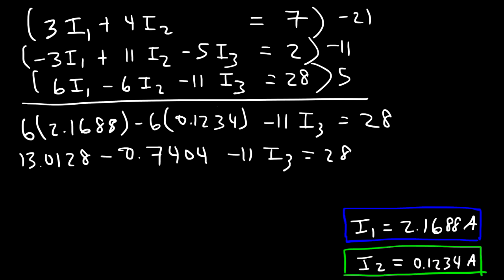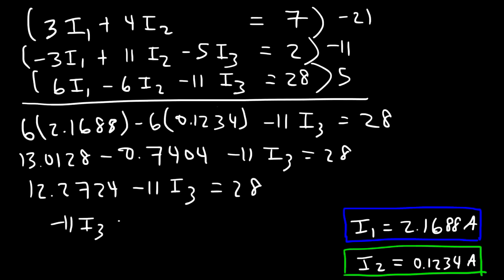Now let's combine those two numbers. So 13.0128 minus 0.7404. That's 12.2724. So we need to subtract both sides by that number. So 28 minus 12.2724, that's 15.7276.